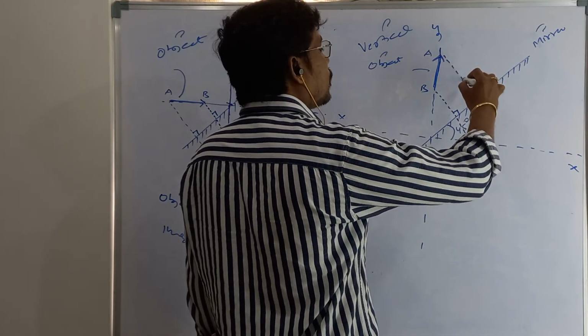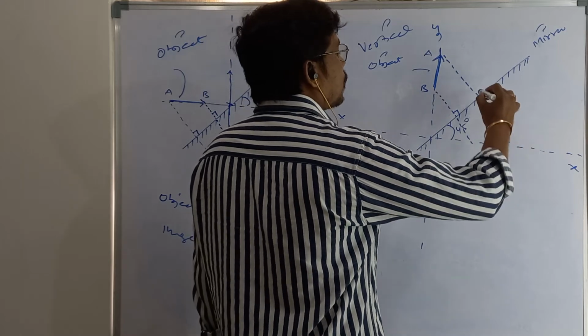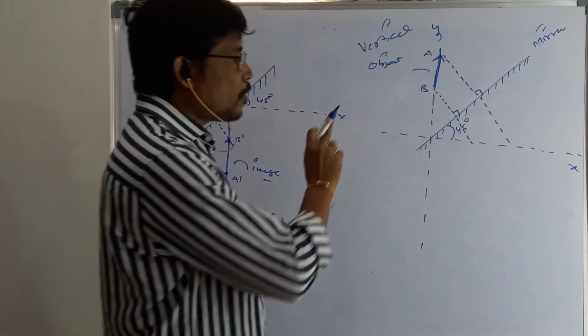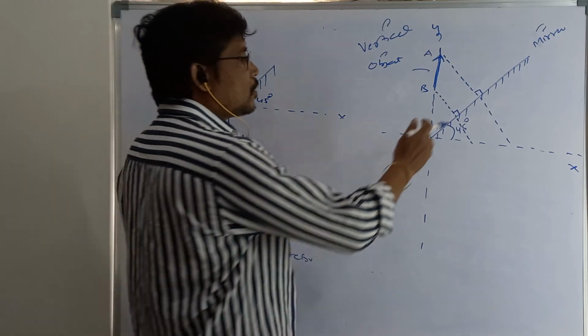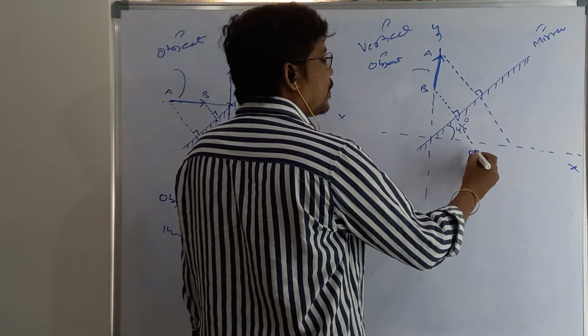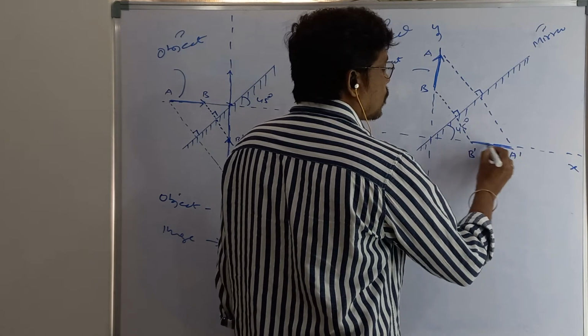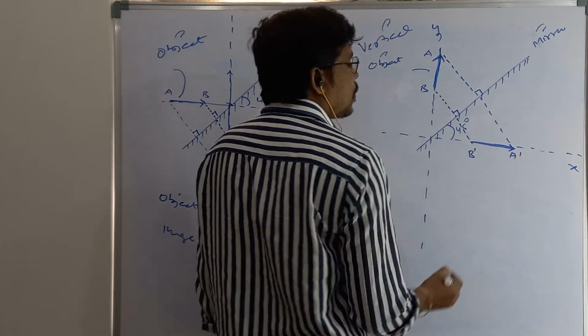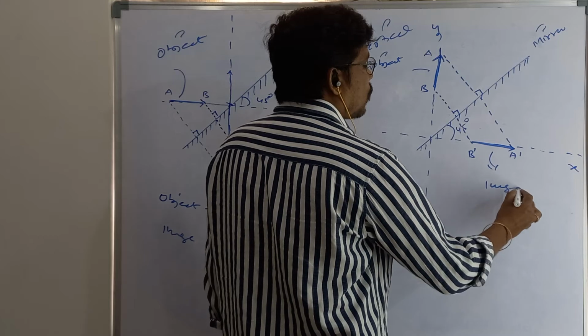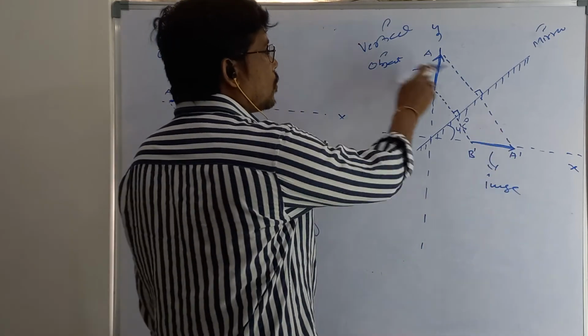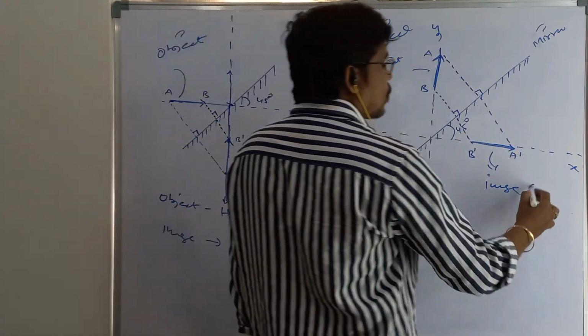Now for this end, it is normal. This is the basic point you have to understand, that this is B dash and this is A dash. So the image is found here. This object is vertical, the image is horizontal.